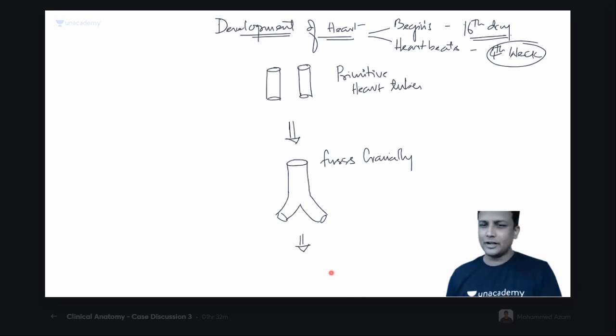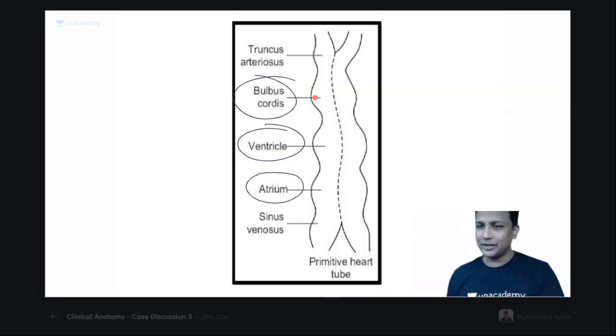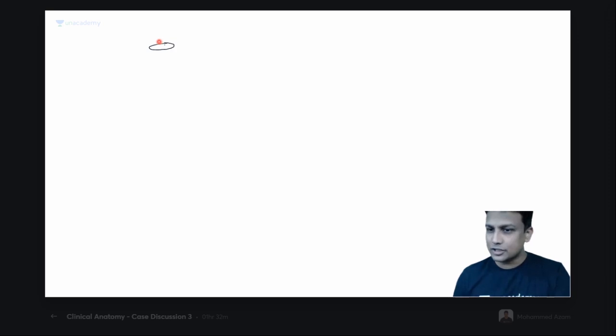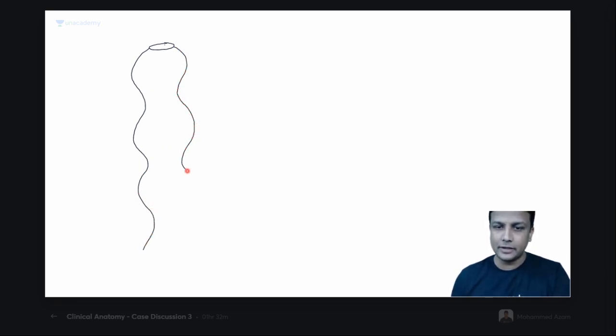And don't think that I'm going to show you only a ready-made diagram right now. No, we are going to draw this diagram. So continue here, guys. The cranial end will be completely fused, and there'll be three dilatations formed. Dilatation number 1, then 2, and 3. This one will be your bulbus cordis, then the primitive ventricle, then the primitive atrium.